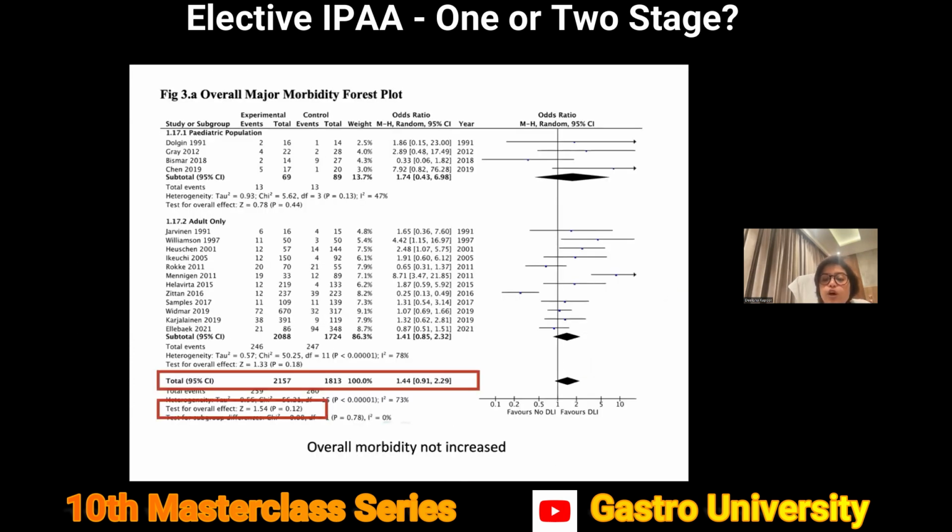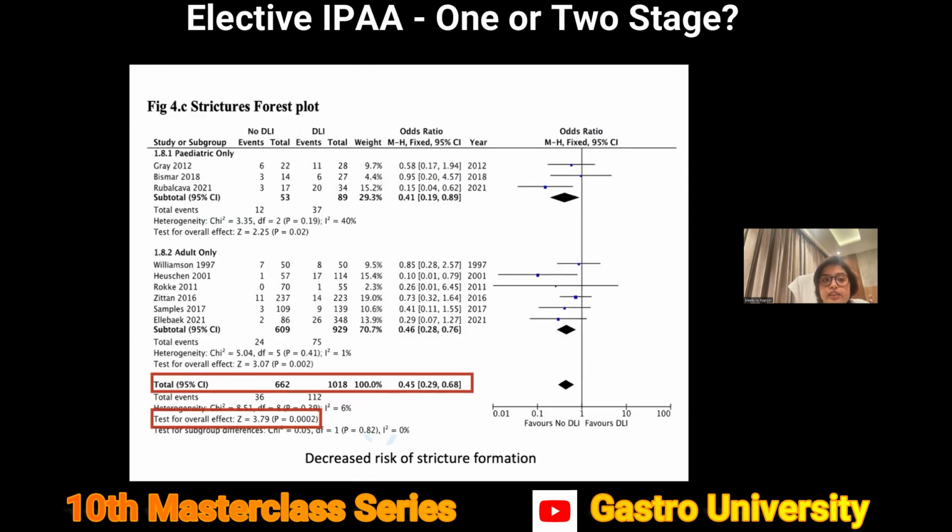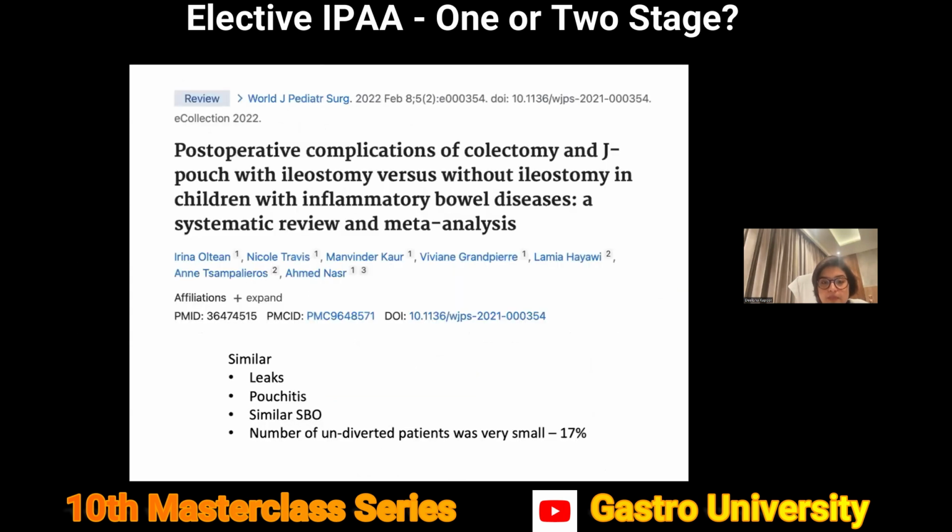The overall morbidity was not increased, nor was the rate of anastomotic leaks. This was not found statistically significant in this meta-analysis. But there was a benefit in the rate of bowel obstruction in the long-term outcomes and a benefit in the incidence of anastomotic strictures in the long-term outcomes.